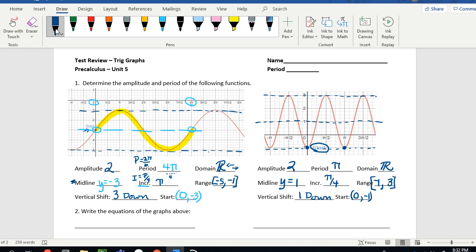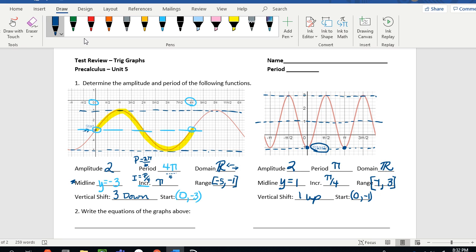Oh, wait a minute. My vertical shift went up 1. You know what? I was like, something's wrong there. Let me go find my eraser. This went 1, but it went up. It didn't go down when I was sitting there looking at the bottom line. Shame on me. Let's fix that. 1 up.